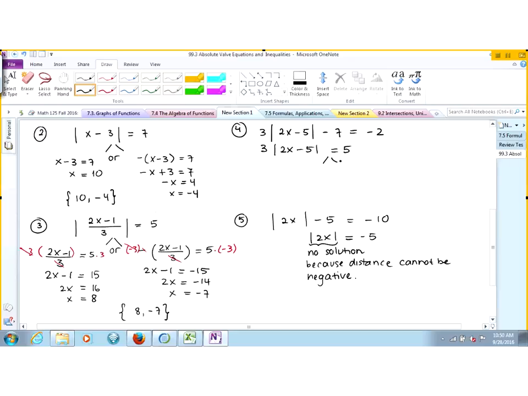Now, what am I going to do? Yes, replace it with 2. What's the first one? 3 times 2x minus 5. Okay, what about the other one? Negative 3 times 2x minus 5 is equal to 5.